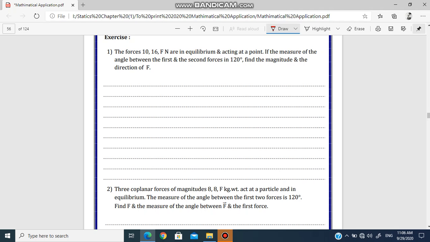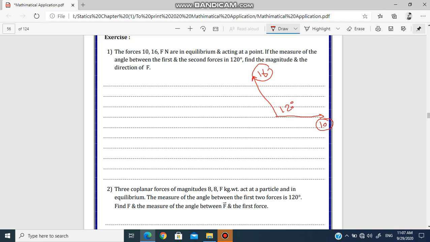For 10 and 16, the included angle is 120 degrees.